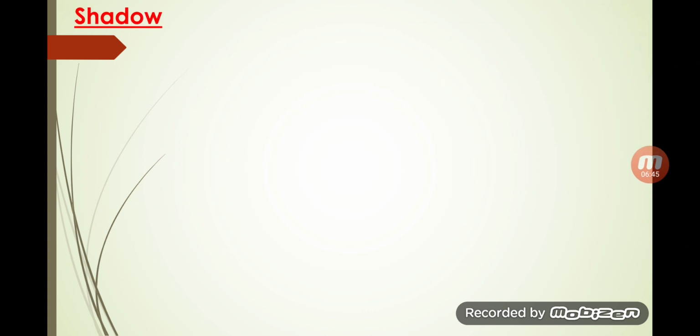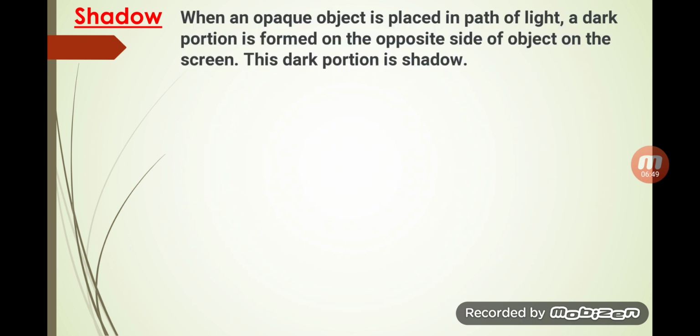Now, what is shadow? Shadow means when an opaque object is placed in the path of light. Opaque object, you know what is opaque? When it is placed in the path of light, a dark portion is formed on the opposite side of the object on the screen; that is called shadow.